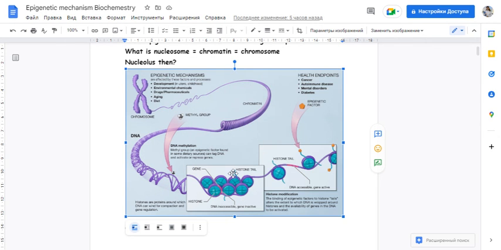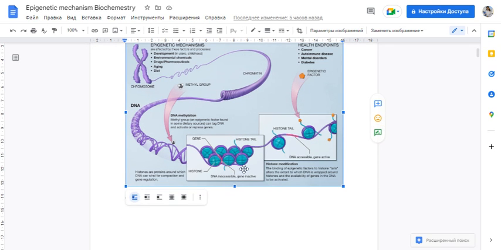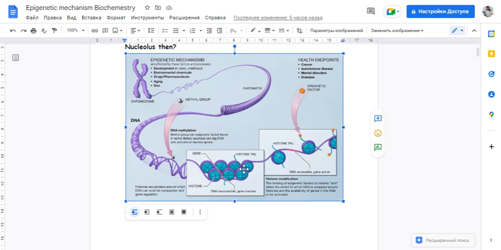It can be loose or it can be condensed, and if it's loose, it's actually active and it's able to transcribe its genes and make proteins by translation further. So there's actually epigenetic mechanism, which means it does not damage or change DNA structure, gene structure itself. It works out of gene.